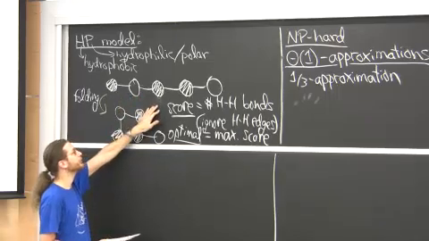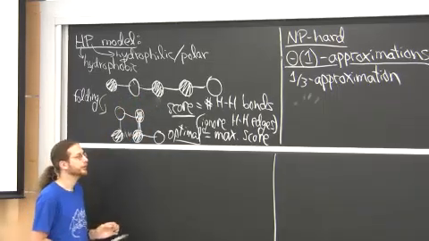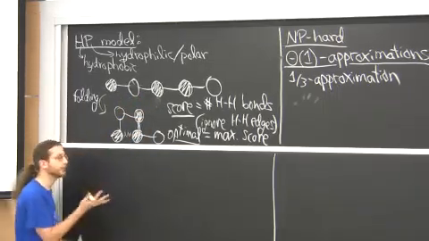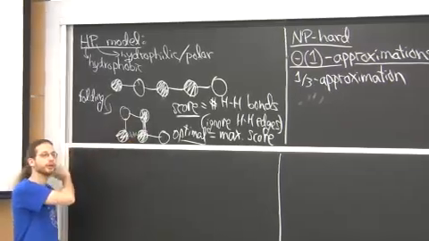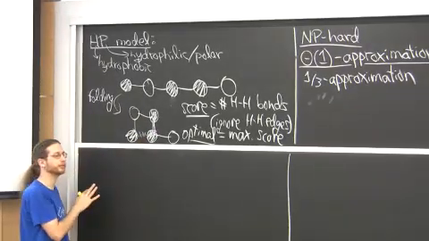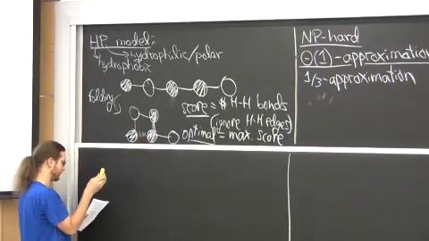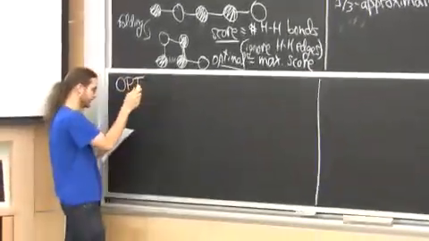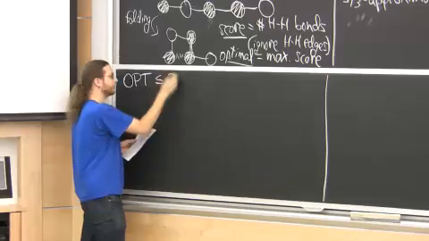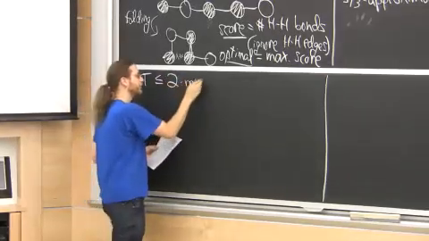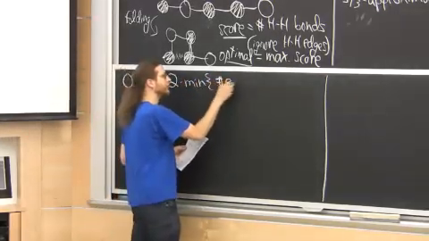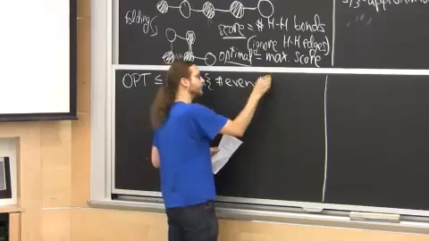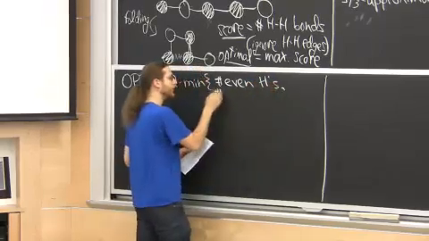But we can be a little more precise on the square grid because there are two types of nodes. If you checkerboard color the square grid, there's even nodes and odd nodes. So in fact, we claim that the optimal solution, which we call opt, is always at most twice the min of the number of even H's and the number of odd H's.